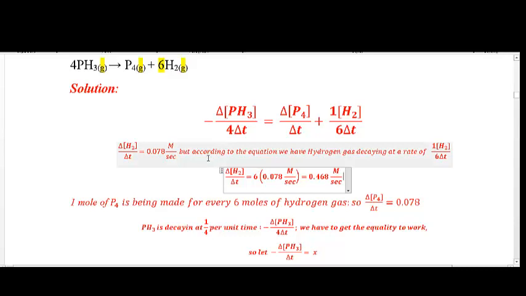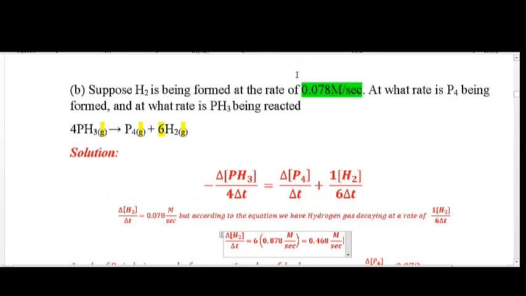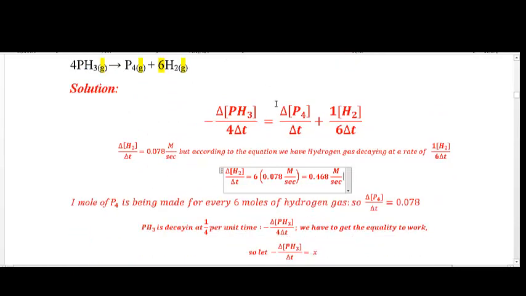Another way of saying this is that we're getting 6 times more H2 than P4. So to get P4, it's really just going to be 0.078 molarity per second, because you get 6 times the amount of H2 gas for every 1 mole of P4 gas. So 6 times the rate of the H2 gas is 0.468.